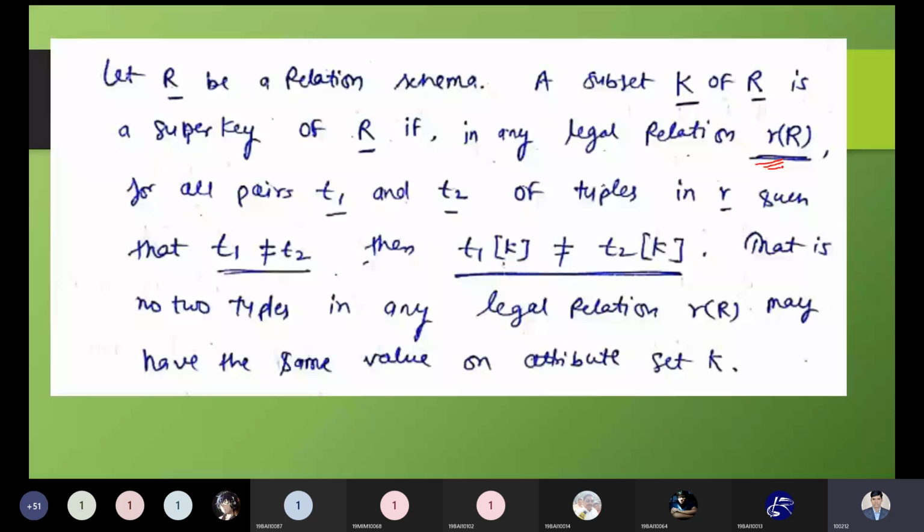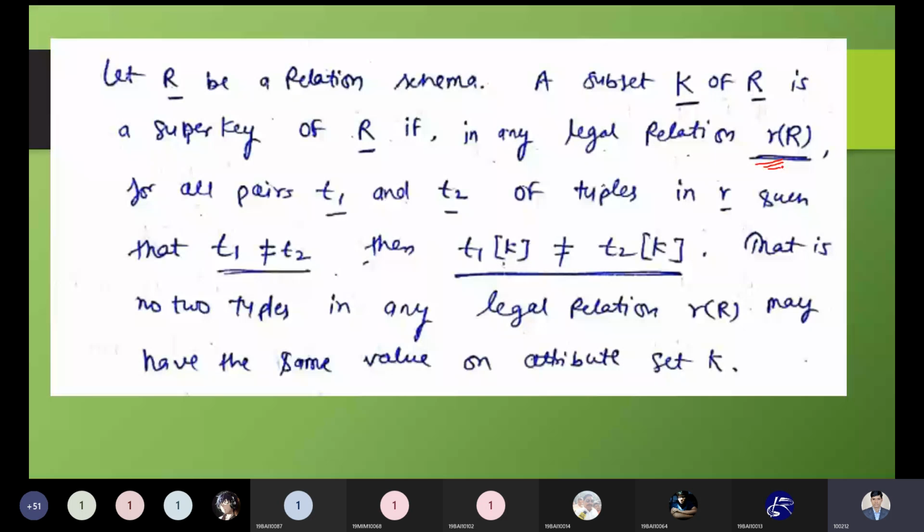In all pairs T1 and T2 of tuples in the relation, T1 is not equal to T2, and T1 of K, the primary key, is not equal to T2 of K. That is, no two tuples in any legal relation R may have the same value on attribute set K.